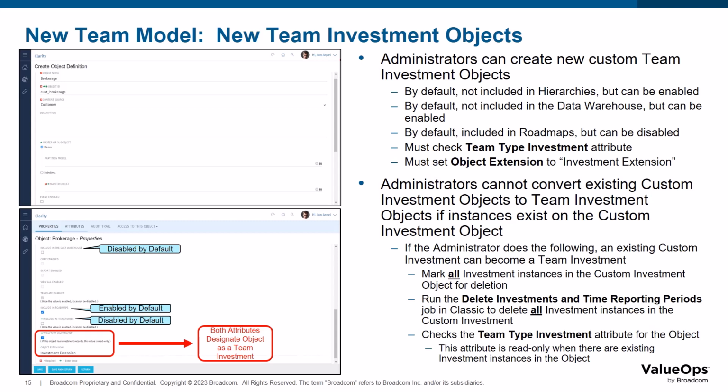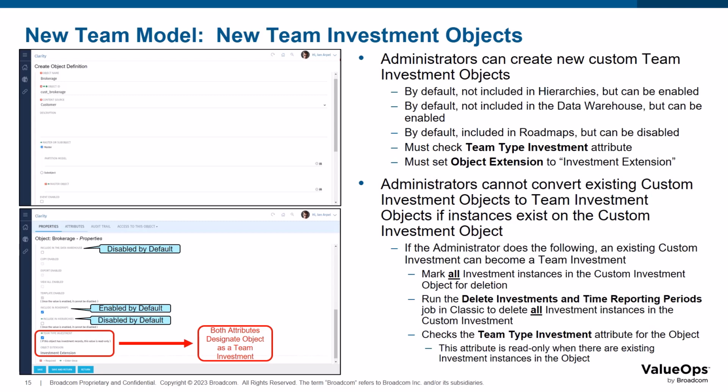Again, what's important is that they check the team type investment and set the object extension to investment extension. By default, the included in hierarchies and data warehouse flags are unchecked, but the included in roadmaps is checked, and customers can change that to be whatever they want, just like with all of their other objects.